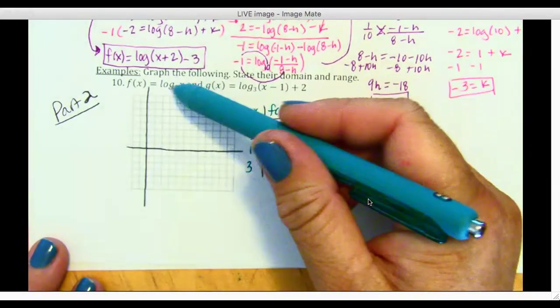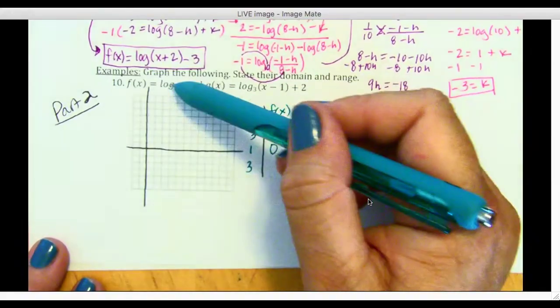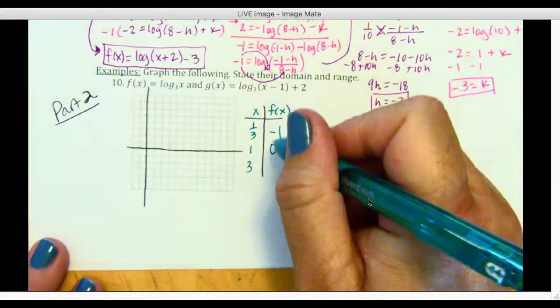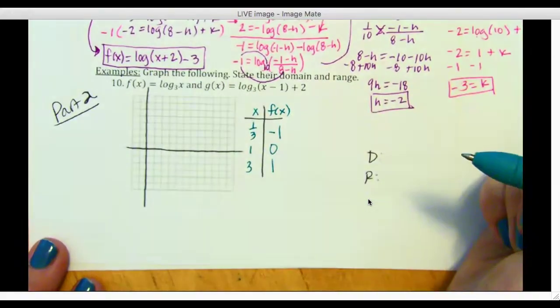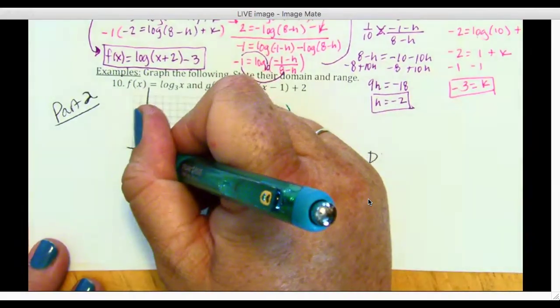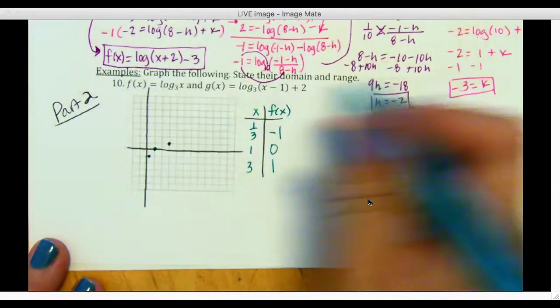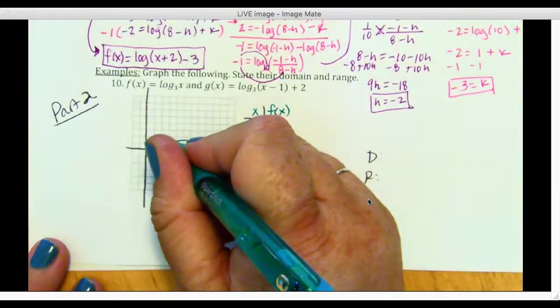Plugging in 1, log base anything of 1 is 0. And log base 3 of 3 is 1. So plugging all of those in, I end up with (1/3, -1), (1, 0), and (3, 1). And there is that graph.